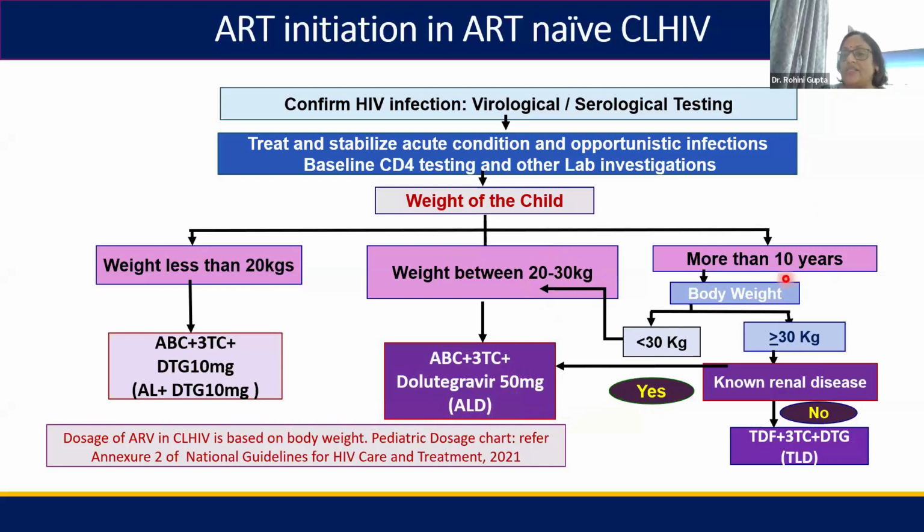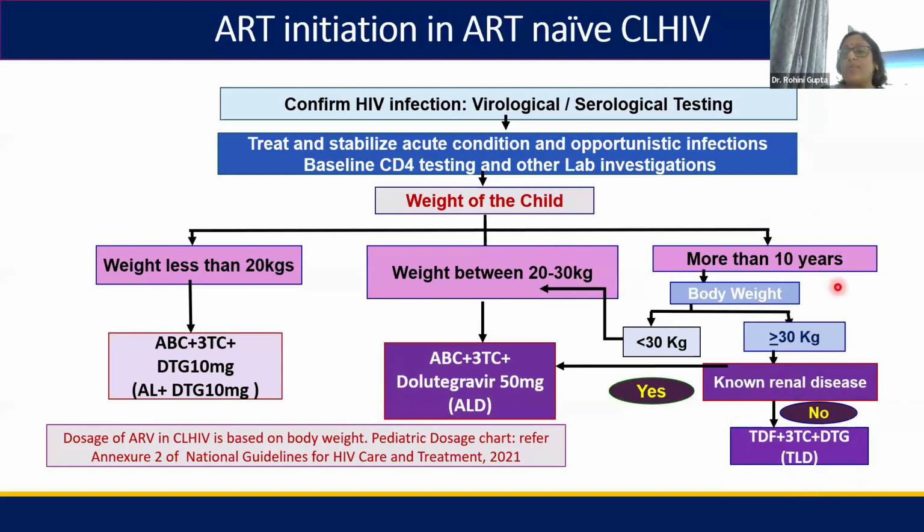In children more than 10 years, if the body weight still remains less than 30 kgs, then the ART regimen would still remain AL plus DTG 50. While if the child is beyond 10 years and more than 30 kgs and does not have any renal disease, we would be putting this child on TLD similar to adults. So most of the adolescents, if their body weight is more than 30 kgs and do not have any renal disease, would be on TLD.